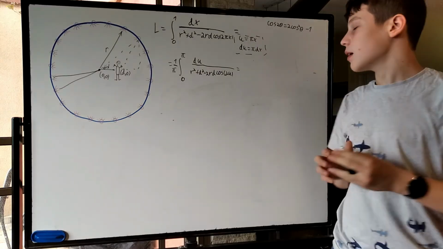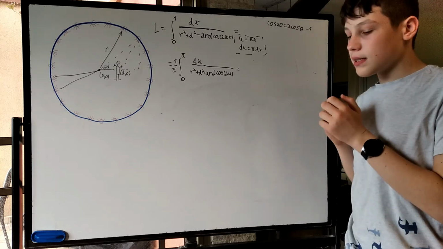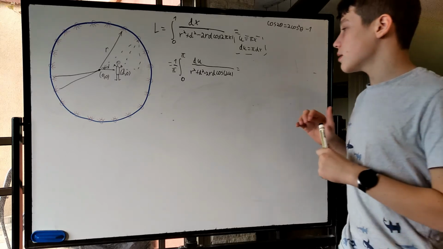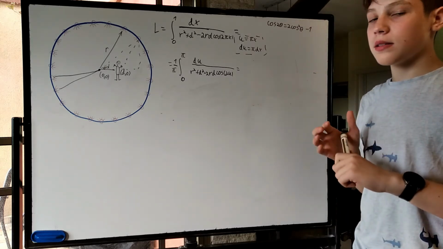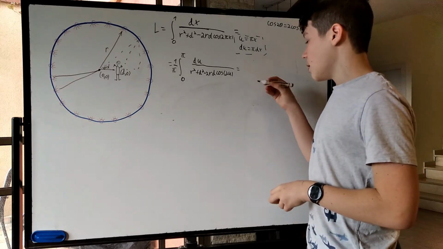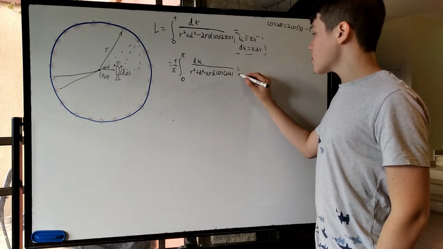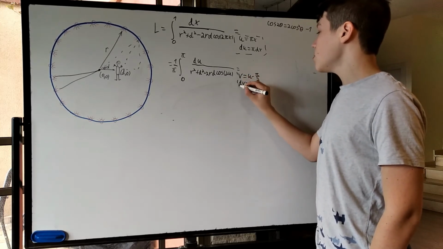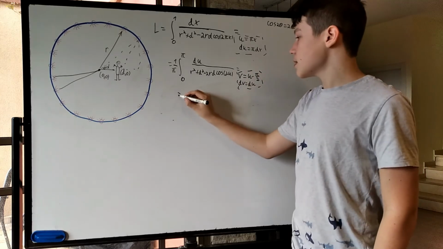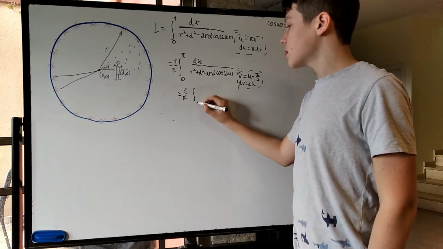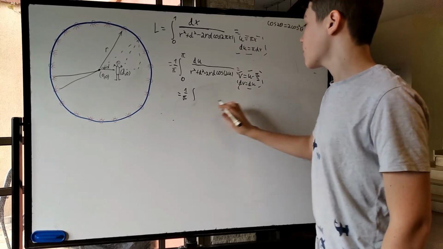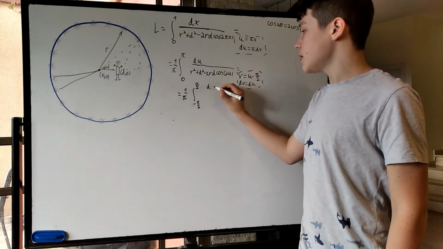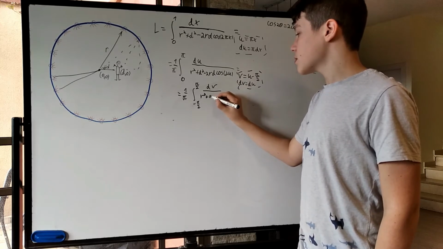For reasons that will seem to be out of nowhere and unnecessary, but you'll later see why this was needed, I'll now make another substitution. v is u minus pi over 2, so dv is just du, meaning that this is 1 over pi times the integral from, it's not going from 0 to minus pi over 2, so it's going from negative pi over 2 to pi over 2 of dv over r squared plus d squared.